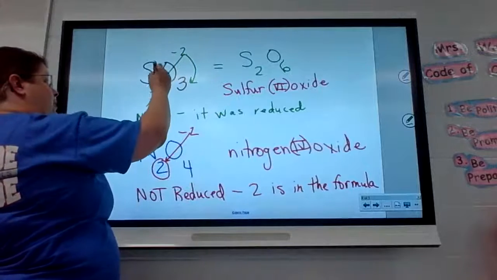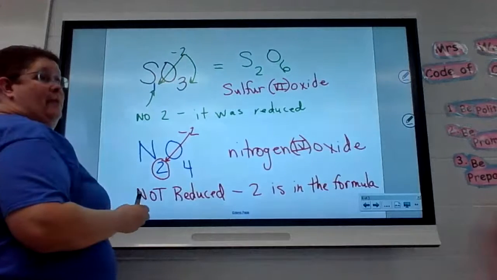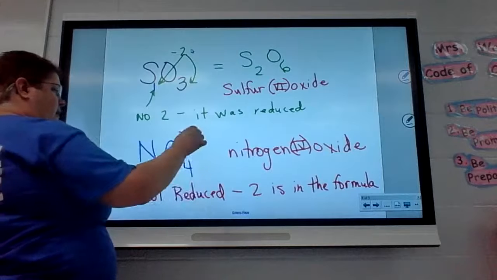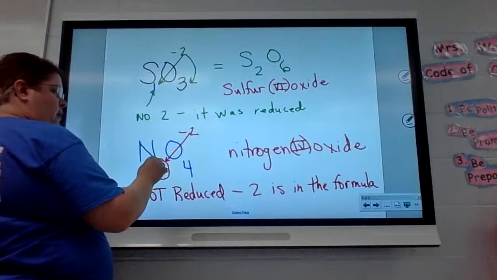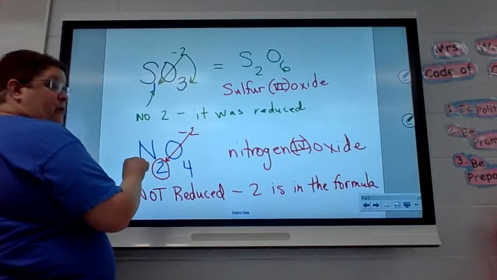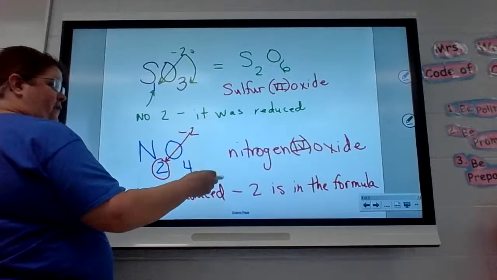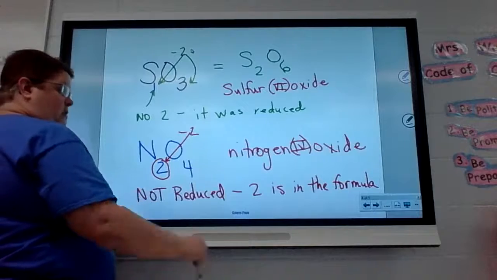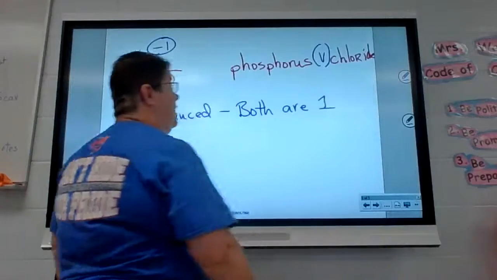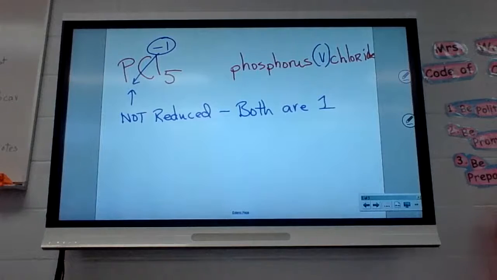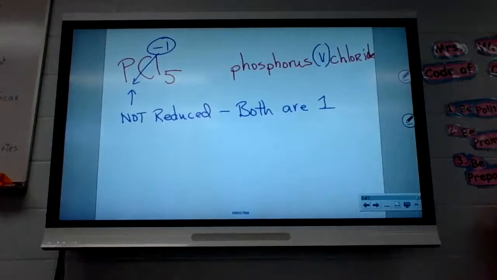This was a 2 and this was a 2. They're the same. Was it reduced? No, it wasn't reduced. So we didn't have to figure out the oxidation numbers. The formula was the same. Same thing here. They're both ones. It wasn't reduced. We don't have to go backwards and figure out any oxidation numbers. Does that make sense to anybody besides Ms. Wall? Okay. You got it?